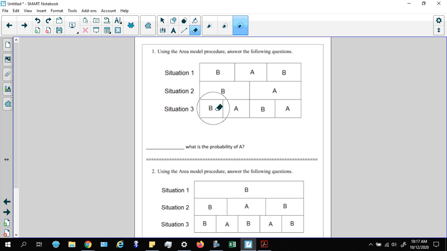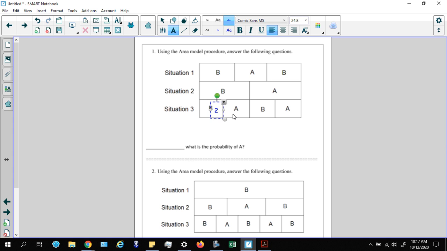I'm going to say this is a 2, which means this A would have to be a 2, which means this B would have to be a 2, which means this A has to be a 2. Now, if A and B down here both equal 2, then this B would be a 4, which means this A will be a 4.